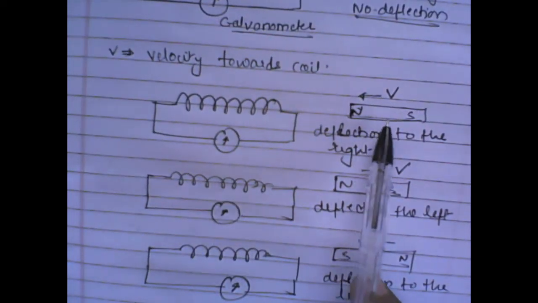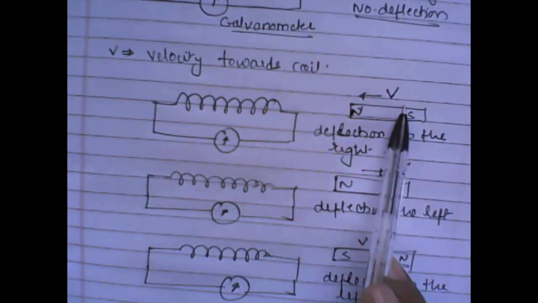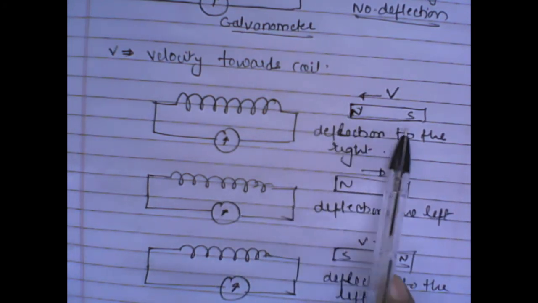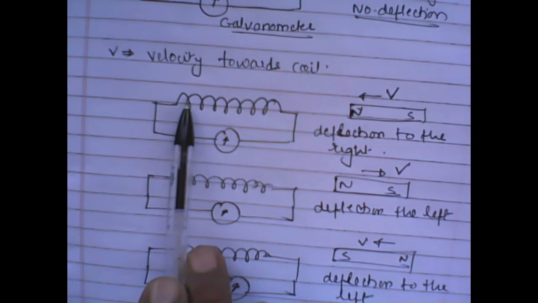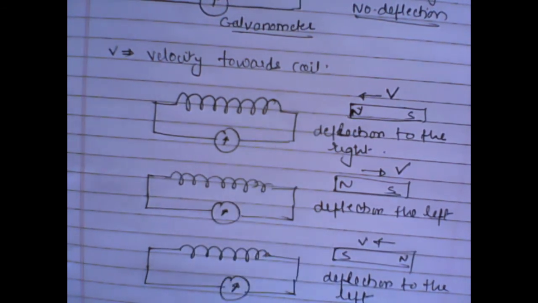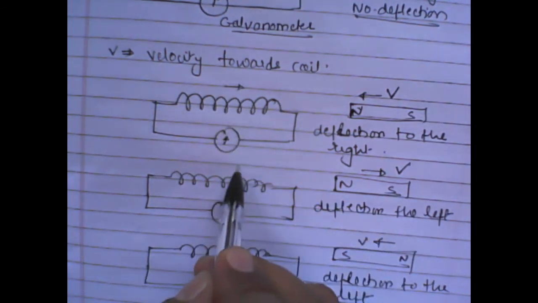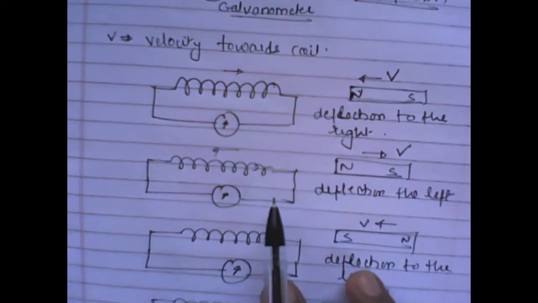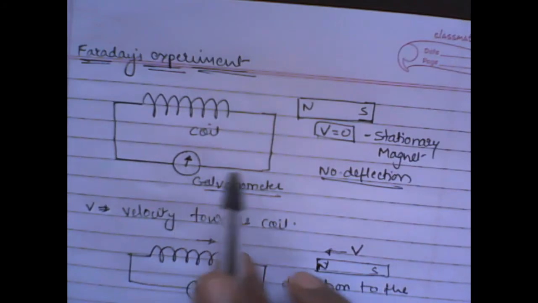Here we have moved the magnet with the velocity v, so we can do the same thing keeping the magnet at rest, we can move the coil towards or away also. So this is also there. The thing is, there should be a relative motion, it should not be stationary, right?